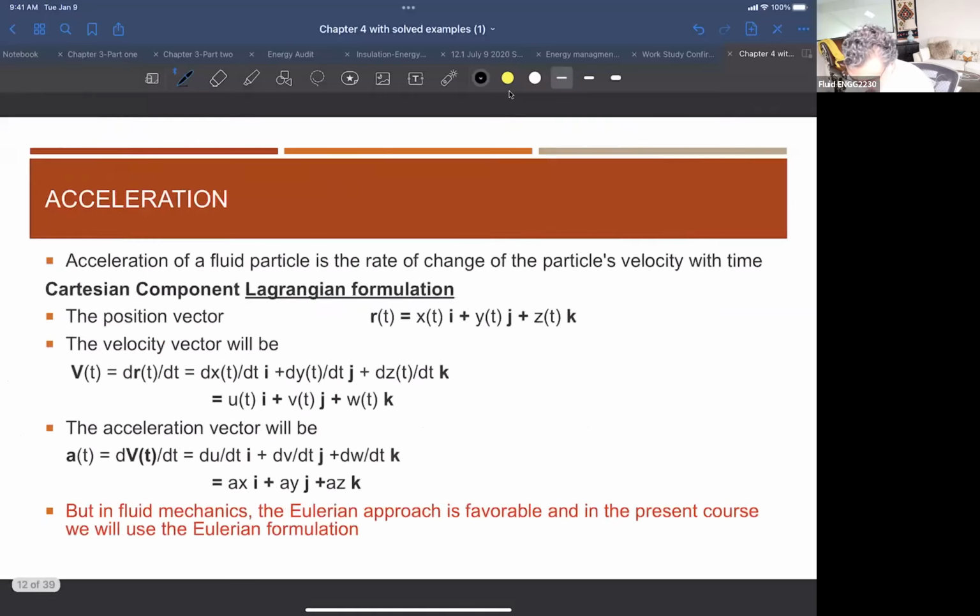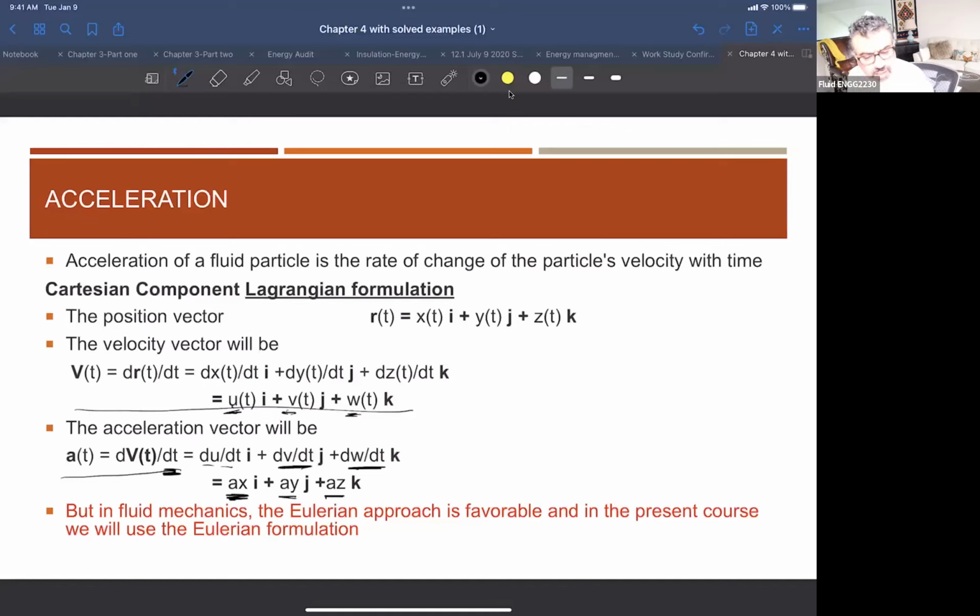Now, if I need to find acceleration, this is the velocity vector, which is u, v, and w, right? And now the acceleration vector will be another derivative of the same vector. Now I can get du by dt, dv by dt, and dw by dt, which are our acceleration components, right?